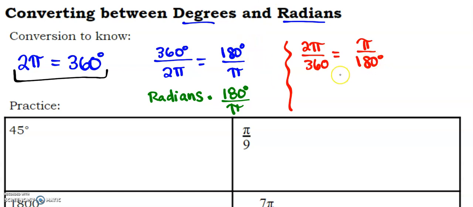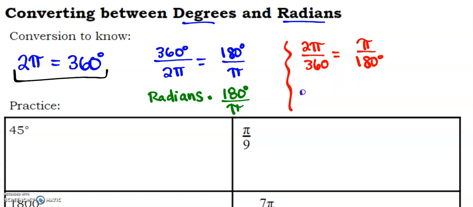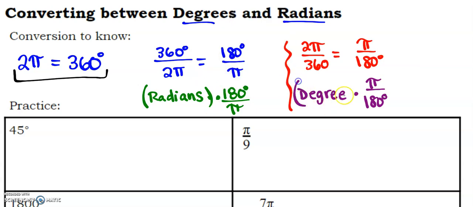So anytime we have a degree measure, we're going to multiply by pi over 180 degrees, and that's going to get us our radians. Okay, so what does this even look like?